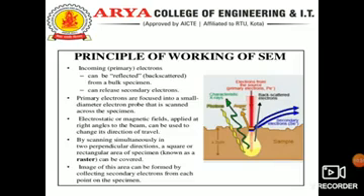By scanning simultaneously in two perpendicular directions, a square or rectangular area of a specimen, which is also known as raster, can be covered. And finally, the image of this area can be formed by collecting secondary electrons from each point of the specimen.